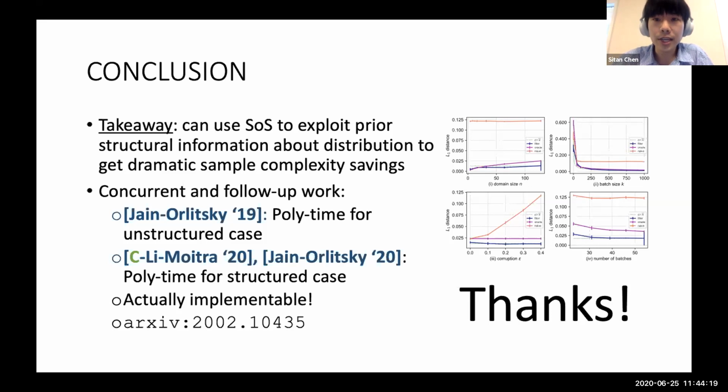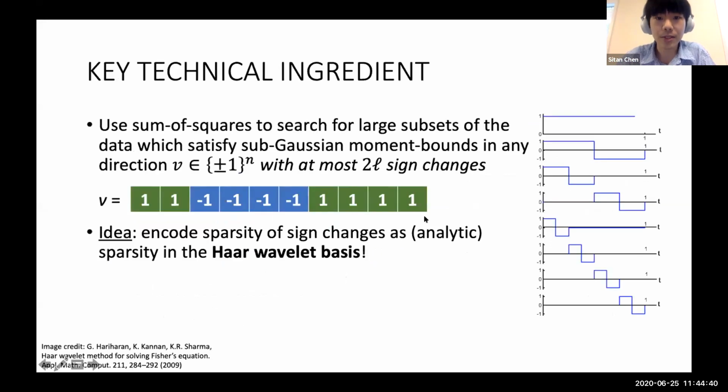And instead of using SOS to find a pseudo-distribution over weight assignments, we update the weights by searching for a direction. If you look at the set of test vectors which have bounded sign changes, we want to look for such a direction for which the data is most skewed.